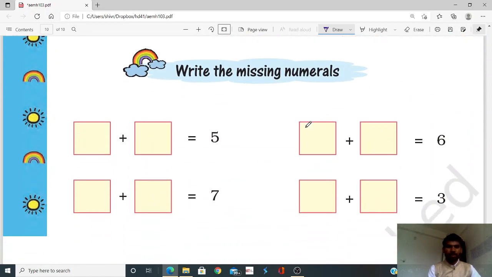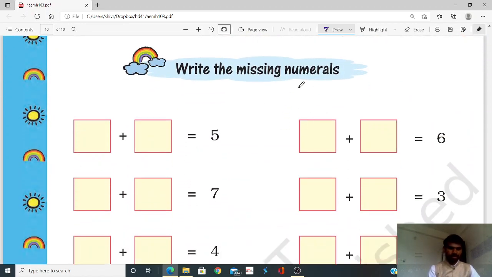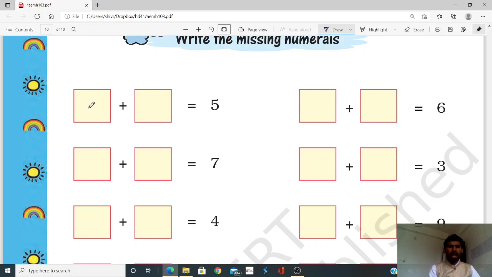Write the missing numerals, right? We have to find missing numerals. You can put any numbers, but our answer will be 5. For example, I will put here 2 plus 3 is equal to 5, or 3 plus 2 is equal to 5.